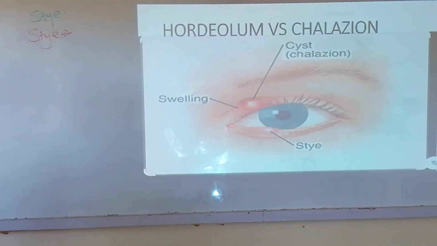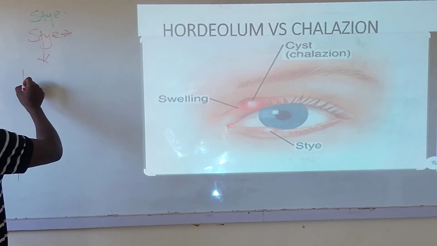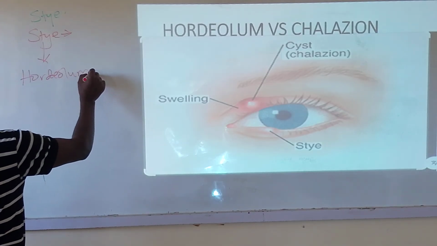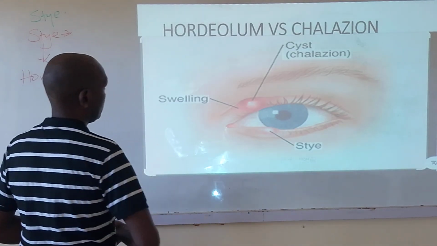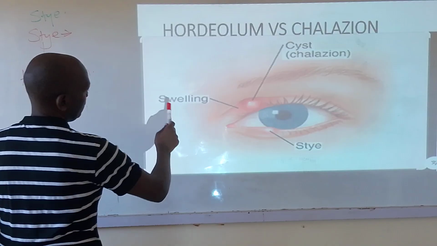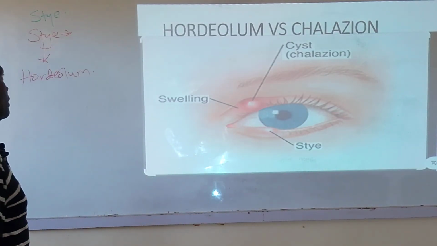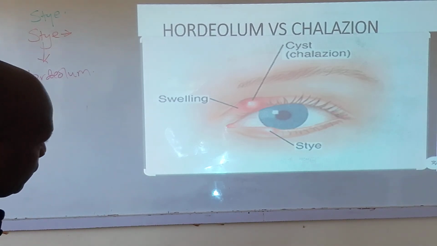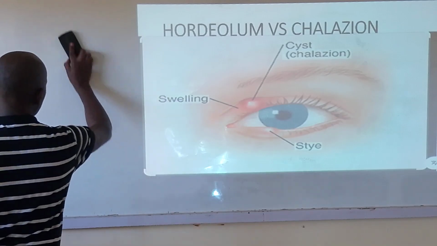It's a very common condition. So, in medical terms, we call it hordeolum. You can see there's a cyst here. This is a chalazion, which is just a swelling, and then we have a sty here. So what is the difference between hordeolum, which is the sty, and chalazion?